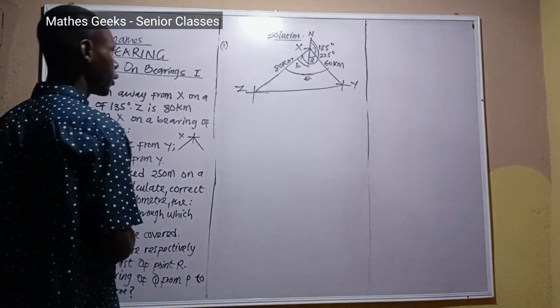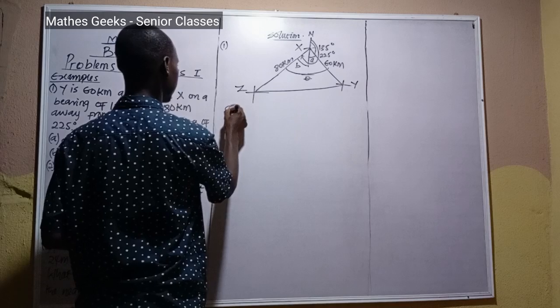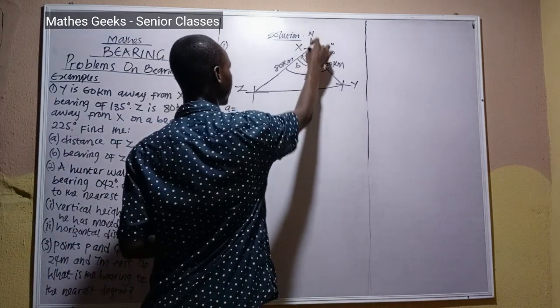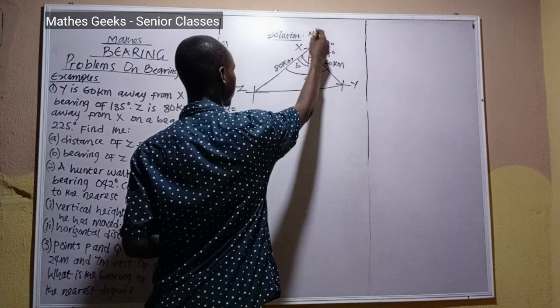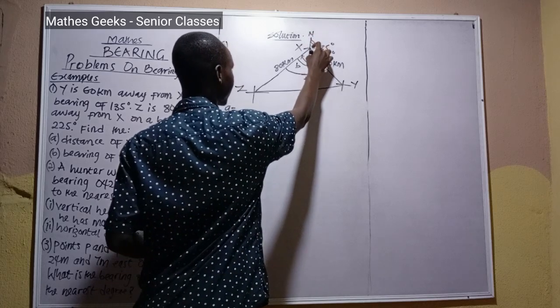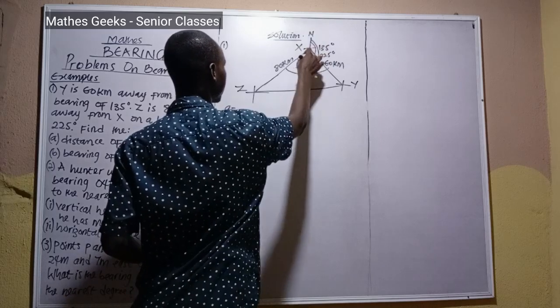Okay, so now that we've gotten this, let's analyze. A is the angle from north to south, the left angle A to complete 180 degrees.